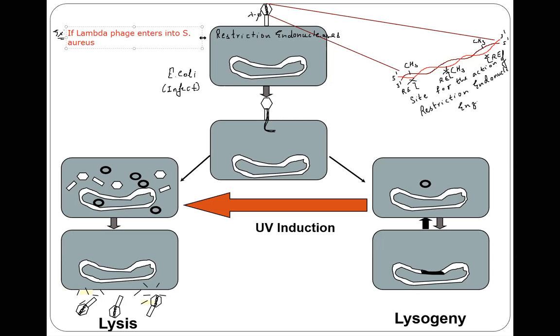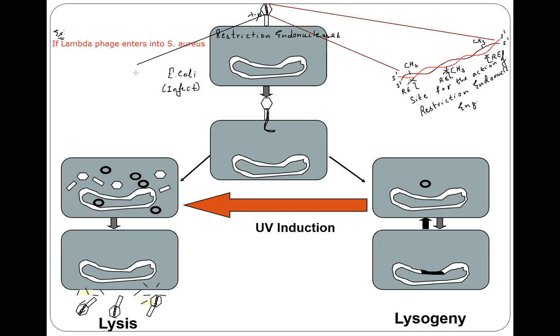If lambda phage is going to enter into the S. aureus, then what is going to happen? Then the next phase of reactions is going to take place, and you must understand how the reactions are going to proceed. In this case, the host will have a different set of restriction endonucleases. Those restriction endonucleases will catalyze the cleavage of the lambda phage genomic DNA. This is most important. Try to understand this point.